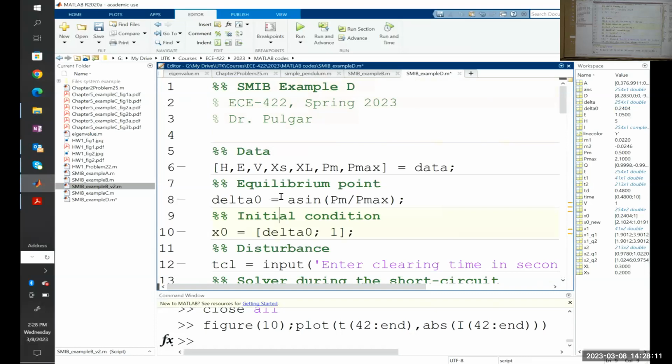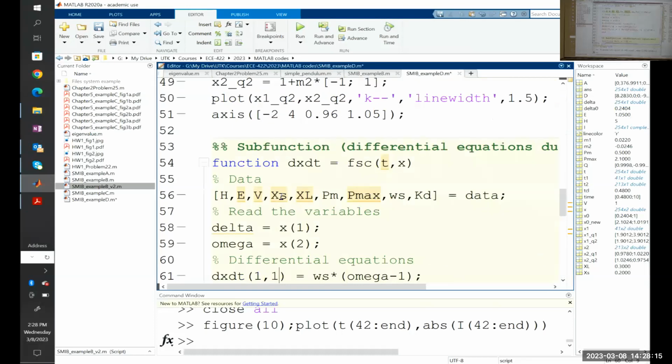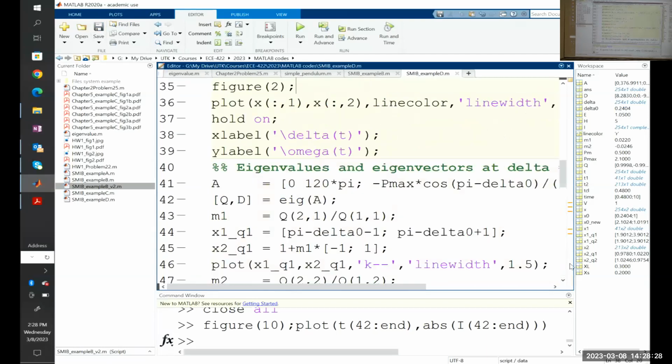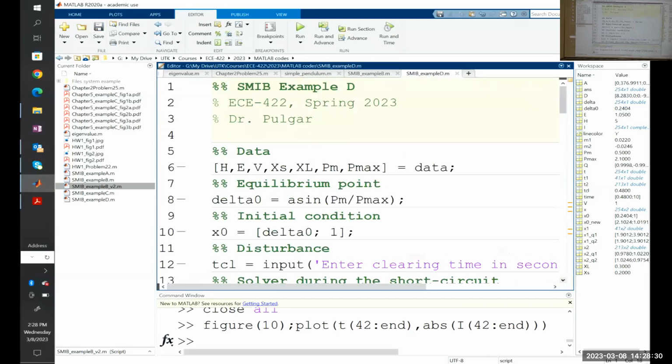So we have a Pmax in the data. We need to change this as well because this is that divided by 2. So that's the new Pmax. So PM is given in the data as 0.5 per unit divided by Pmax. That will give us delta 0.